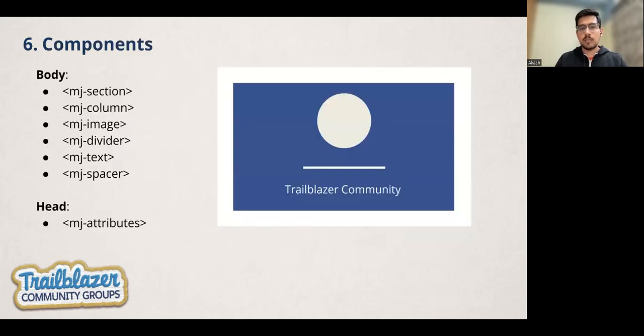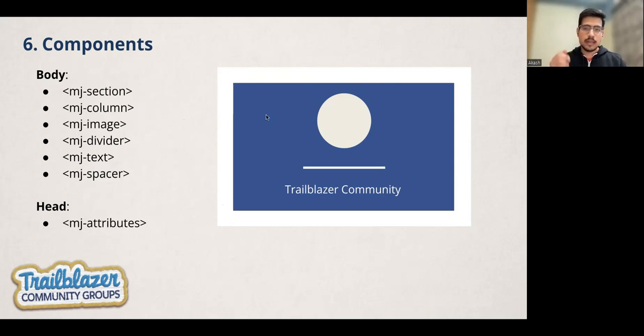Next is components. These are some of the MJML components that we'll be using in our demo today. In the body section of the MJML, we will be using these 6 components. Towards the right, the one with the white background is the MJ section component, and the one with blue background is your column component.